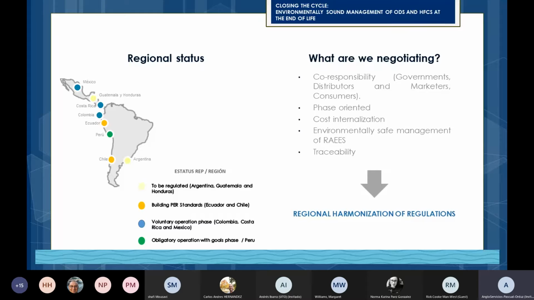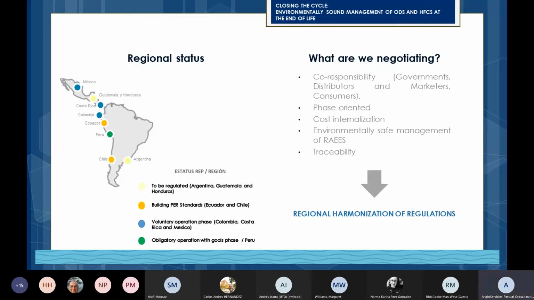If we consolidate all this through a graduality principle that we'll be describing later, it will allow us to walk towards environmentally sound management of WEEE, waste of electronic and electric equipment, and ensure traceability of the practice so that we can internalize the costs at companies.